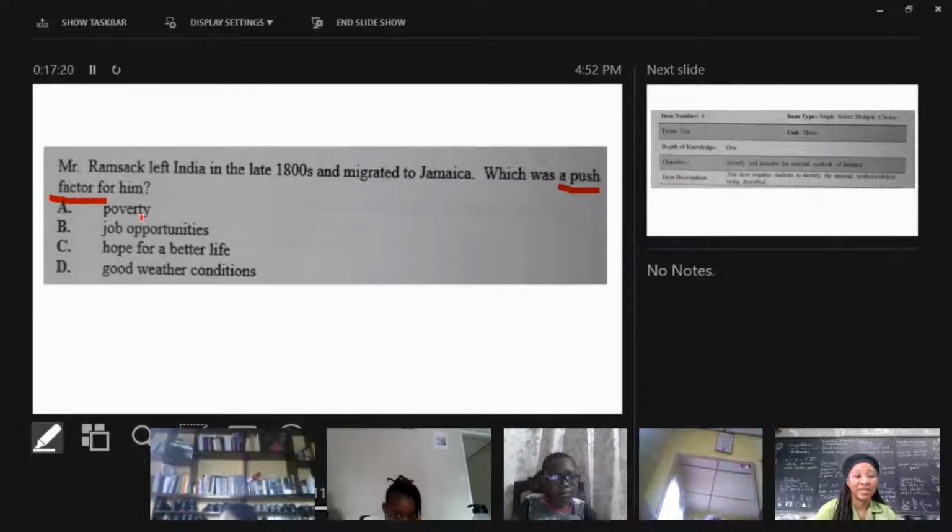So he wouldn't want to stay in poverty. All right. So poverty is a push factor. It pushes you away from your country to go and see what opportunities are elsewhere. So if he had job opportunities in India, he wouldn't want to leave. If he had a better life in India or good weather conditions, those would make him want to stay.